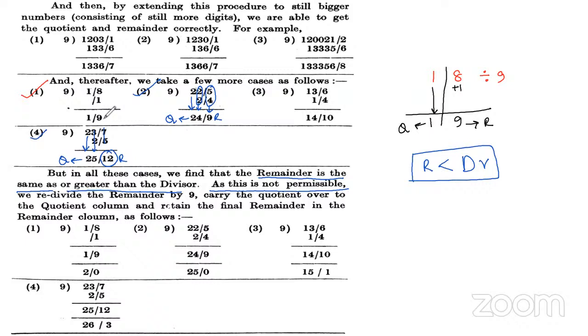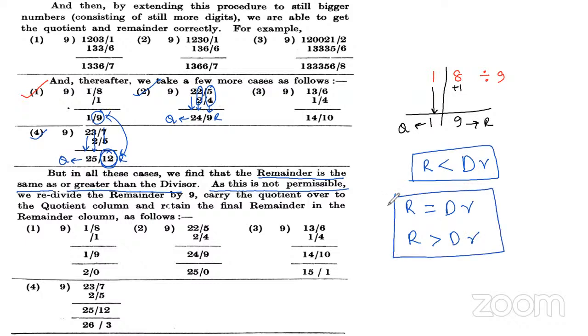But if you see here we got 9, here we got 12. In these two examples, the remainder is equal to the divisor and the remainder is greater than the divisor. So it is not acceptable in the division procedure.